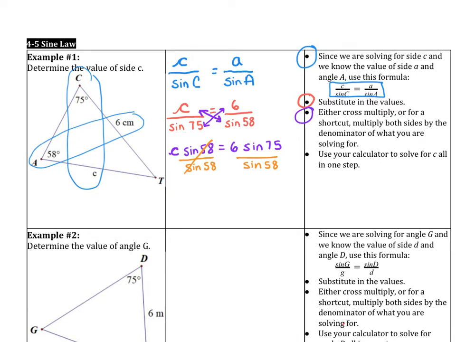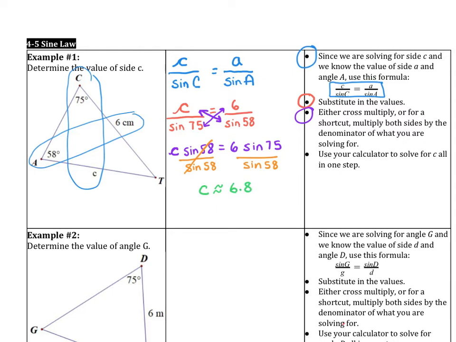So then, to solve for C, you would, in your calculator, take 6 times sine 75 divided by sine 58. And that would give you C is approximately equal to 6.8. So that's kind of the long way of doing it.